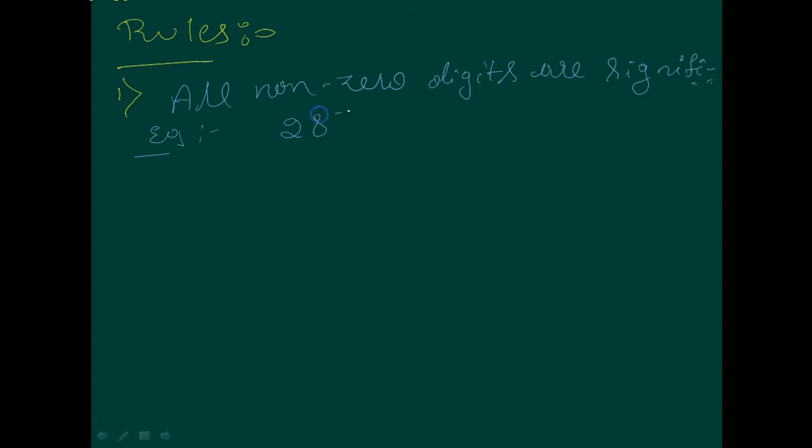Consider 285 centimeter, which has 3 non-zero digits, so there are 3 significant figures. Consider 0.25 ml. Applying this rule, there are only 2 non-zero digits, so that is 2 significant figures.